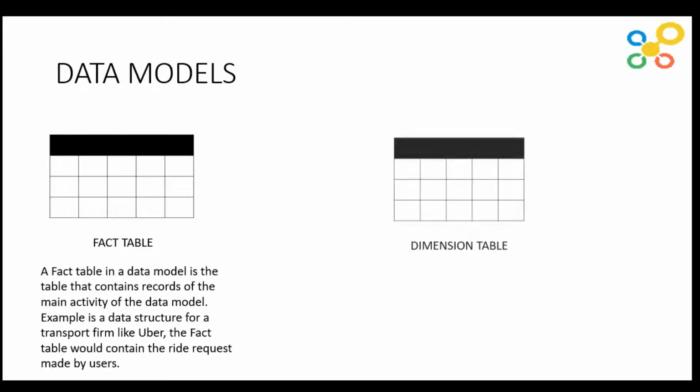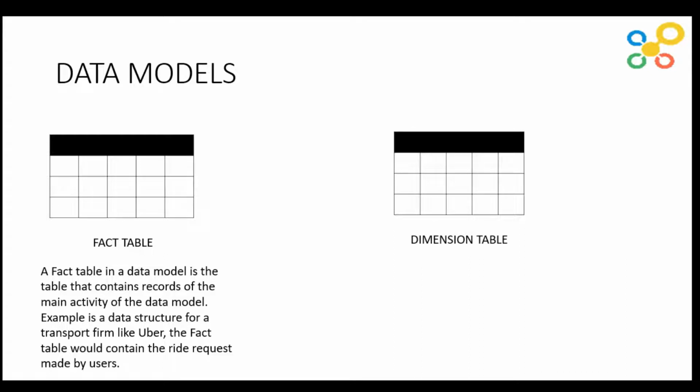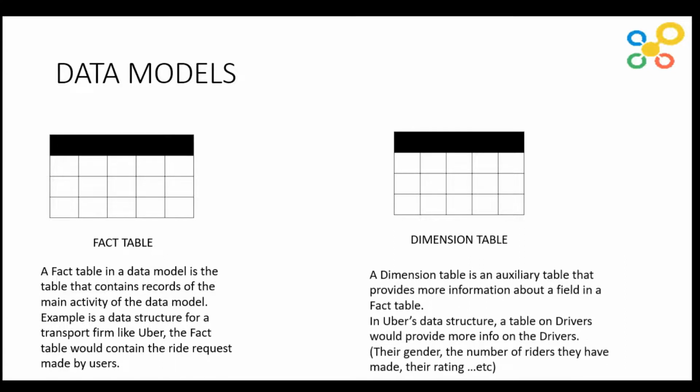Now the other tables are classified as dimension tables. Dimension tables are auxiliary tables. They are more like helping tables that provide more information about particular fields in the fact table. Taking our Uber example, the request table is the fact table, and any other table that better explains various fields in that table is called a dimension table.